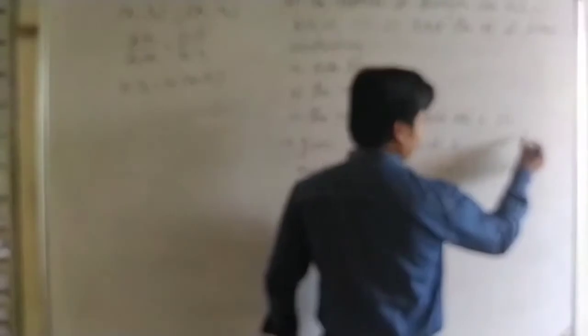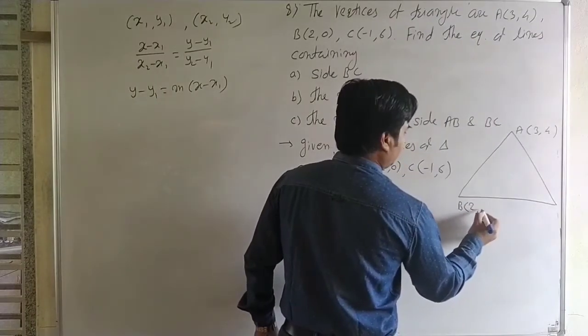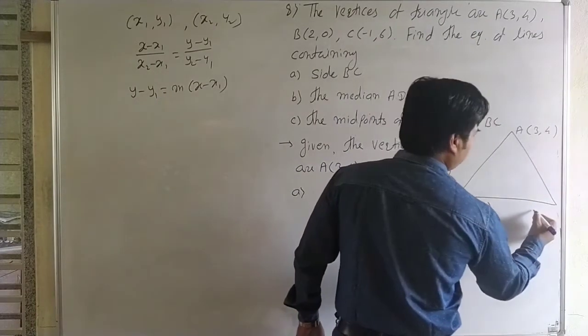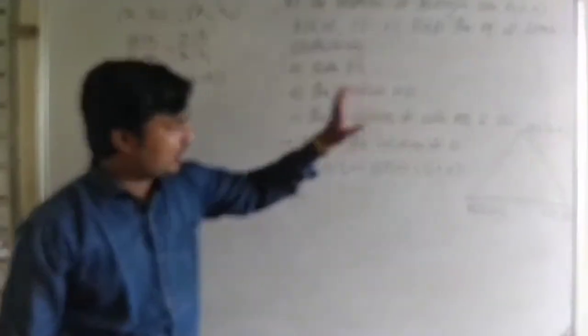Here see carefully. Suppose A is (3,4), B is (2,0) and C is (-1,6), the vertices of the triangle.